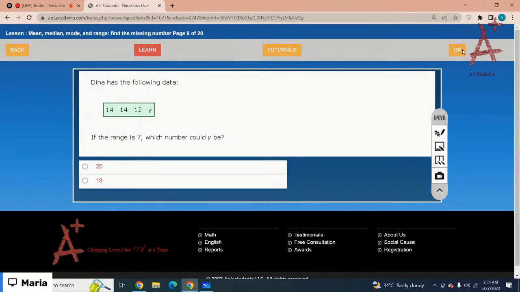Okay, the next one is Dina has the following data. If the range is 7, what number could y be? You are given the range is 7. Range means the difference between the greatest and the smallest number. So the greatest number is 14, which is then y. 14 minus 12 is not 7.